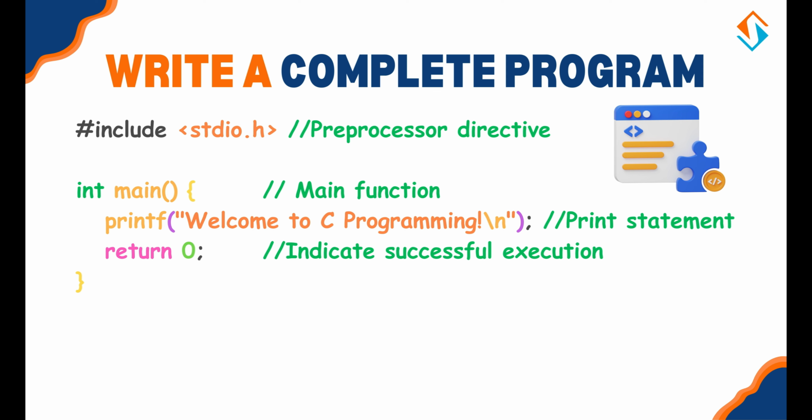The main function contains the logic of the program. Printf("Welcome to C programming") outputs a message to the screen. The return 0 statement tells the operating system that the program ran successfully. Let's compile and run this program in our IDE to see it in action.